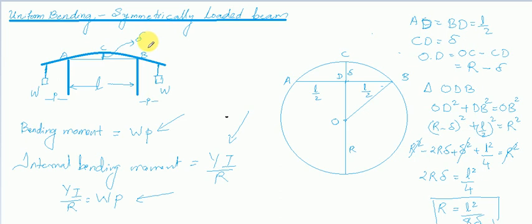Now, when you apply an external bending moment to this beam, there will be an internal bending moment set up inside the beam. That also we discussed in all the previous sections.